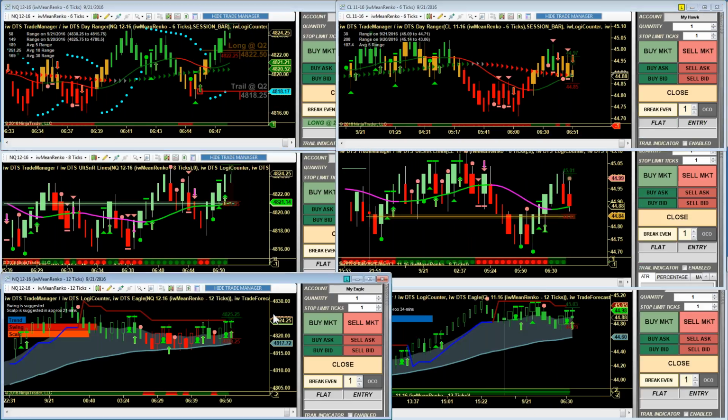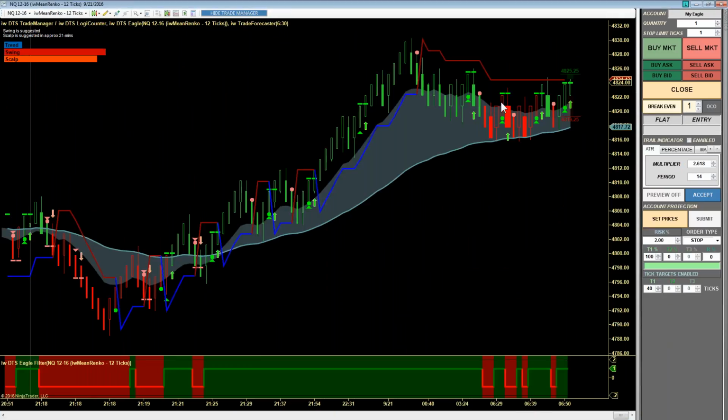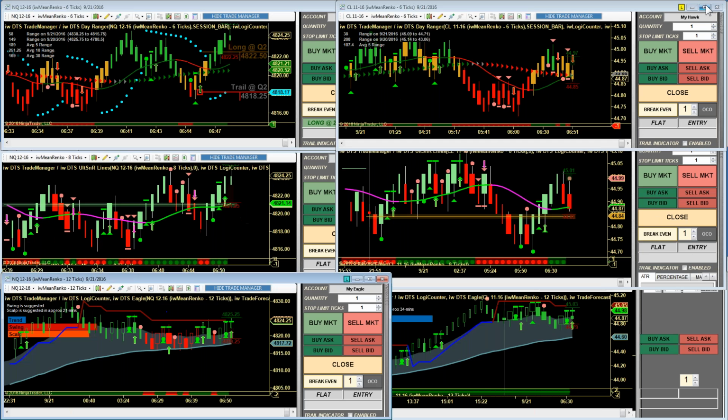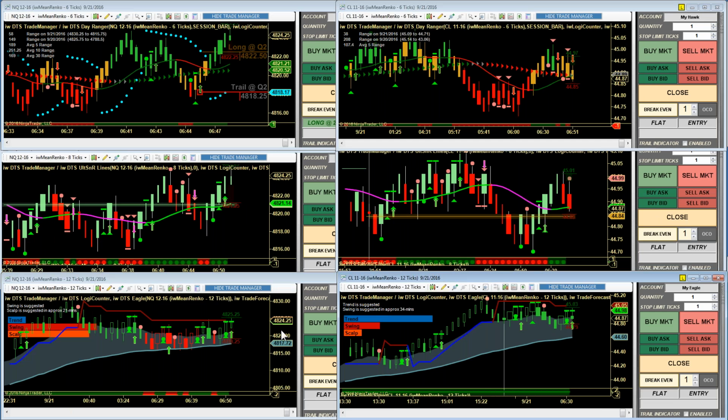If we were looking with our trend trading tool, well, technically this is a red bar buy signal, but it hasn't flipped over the ATR yet. So we're working on a trend signal, but according to the Eagle Trend Trader, we don't have a trend in play just yet. All right, so we have different tools for different market environments.